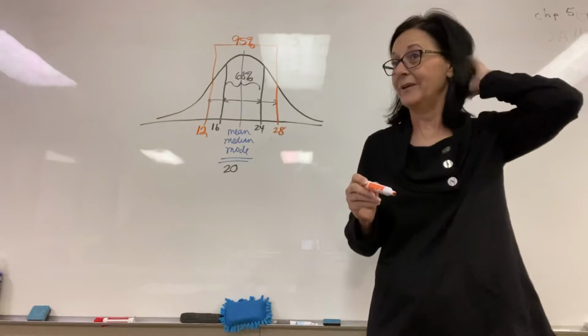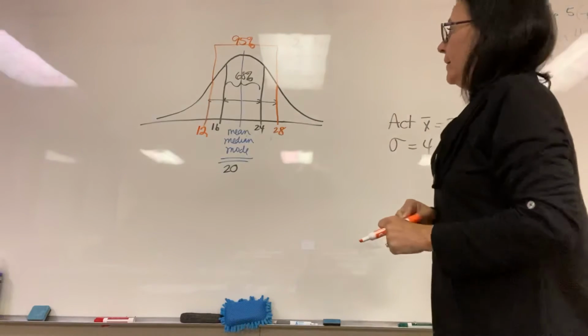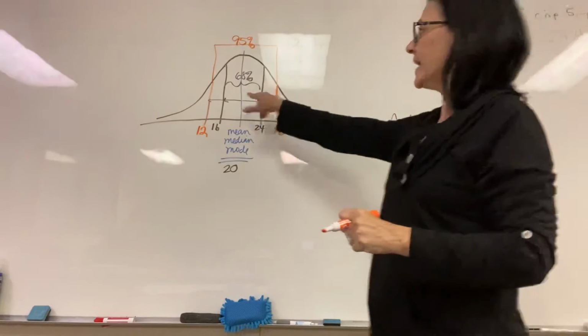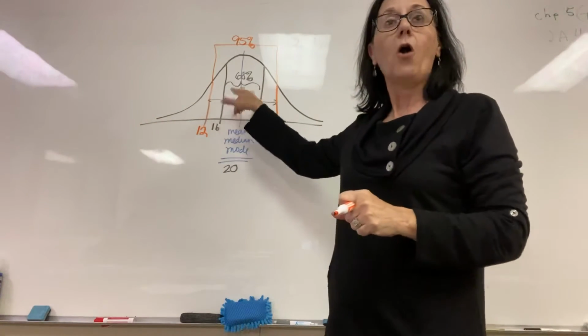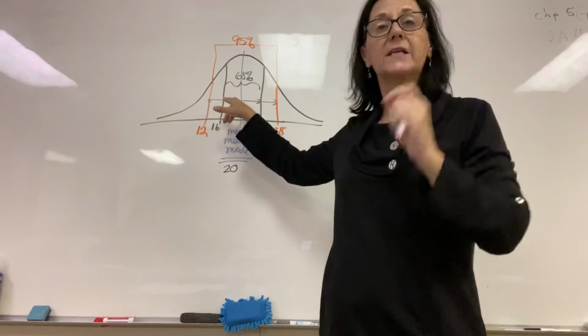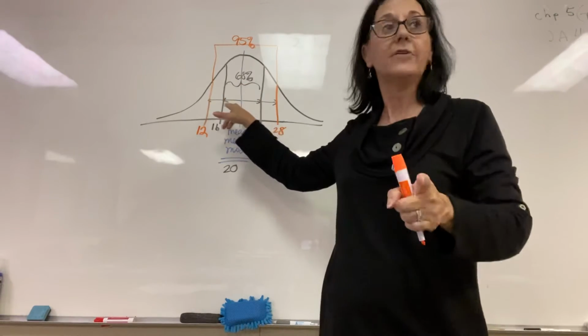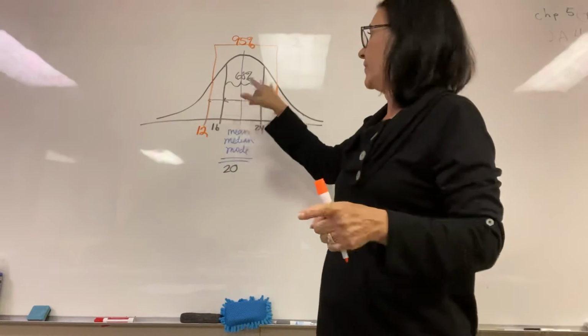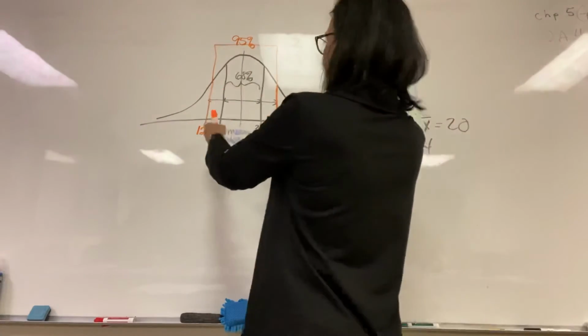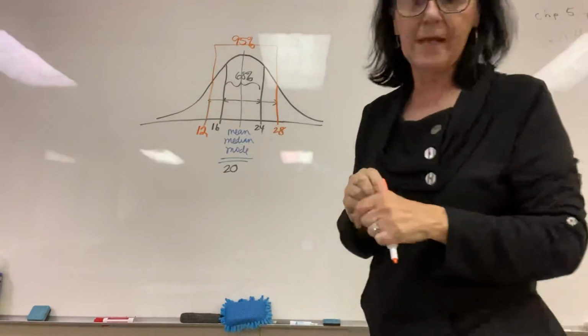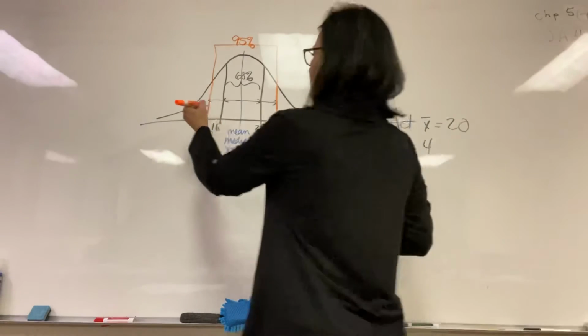So in a normal distribution, 68% are always within one standard deviation of the mean, 95% is within 2 standard deviations. And then one more standard deviation.